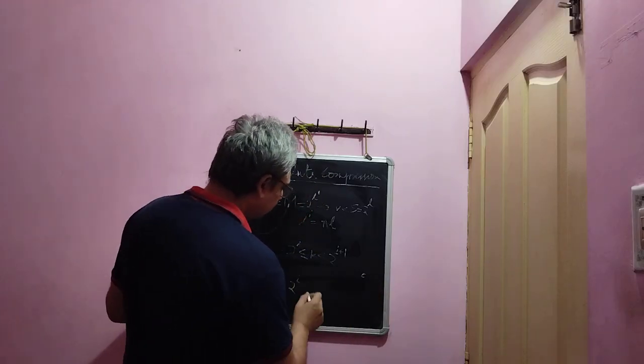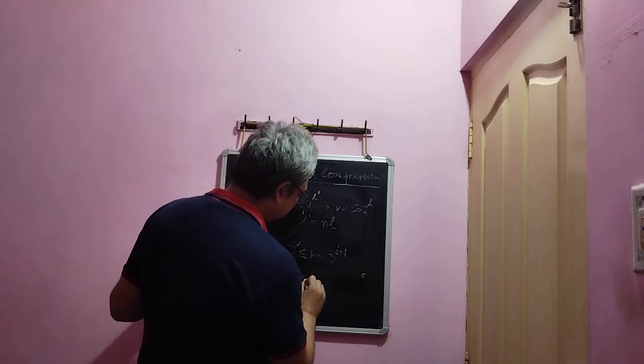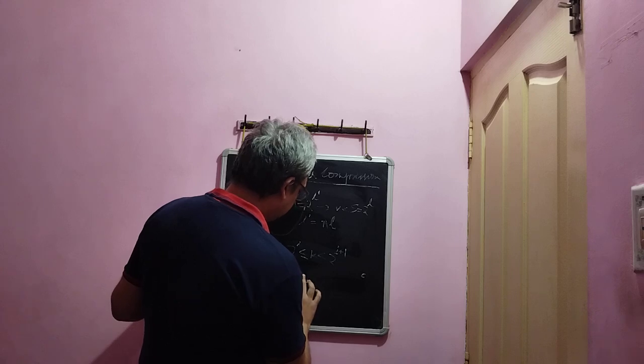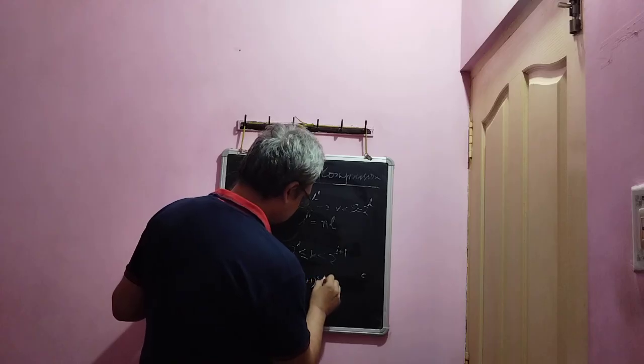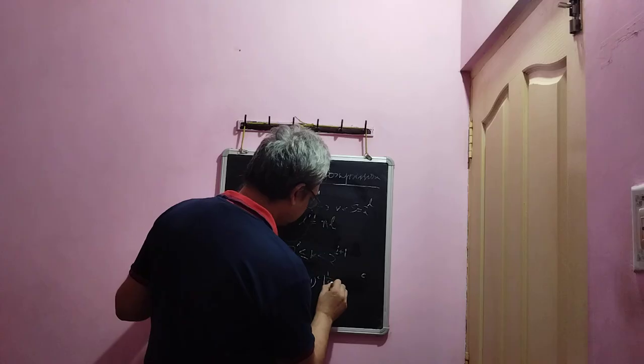We can write i plus 1 as (i plus 1 power c) whole power 1 by c.